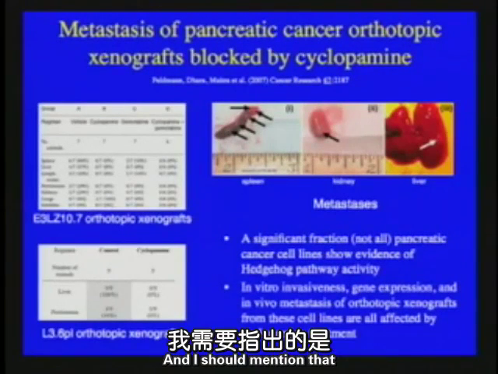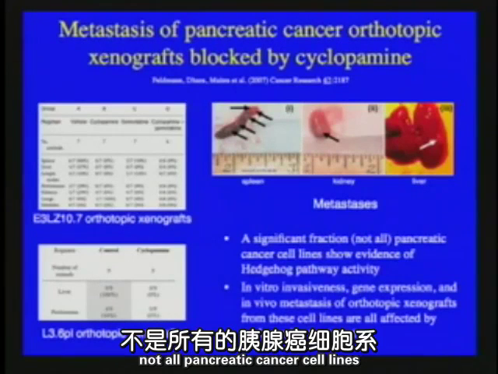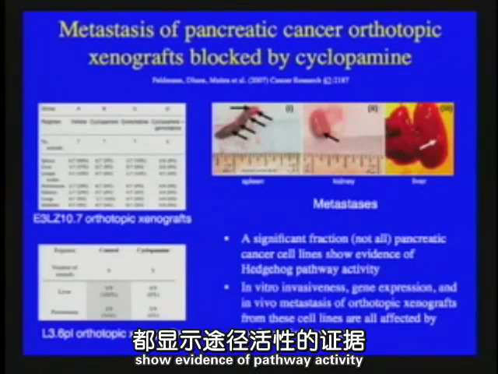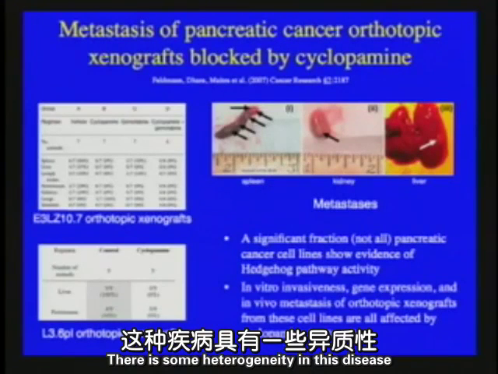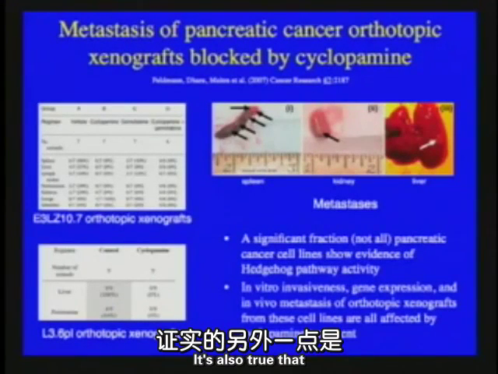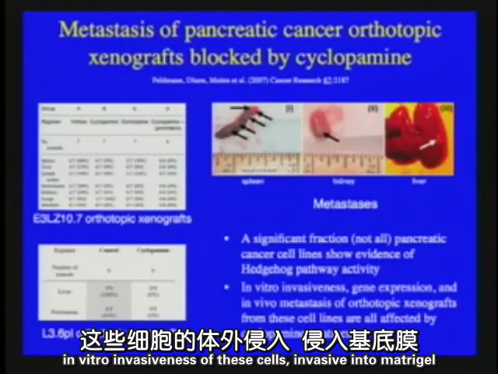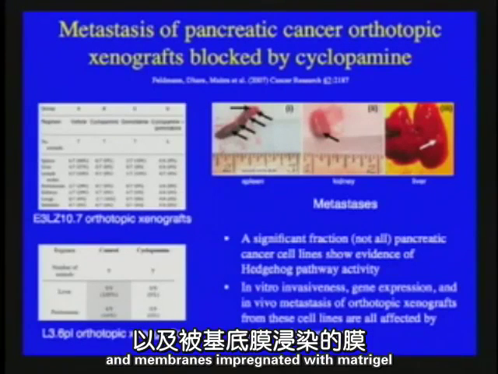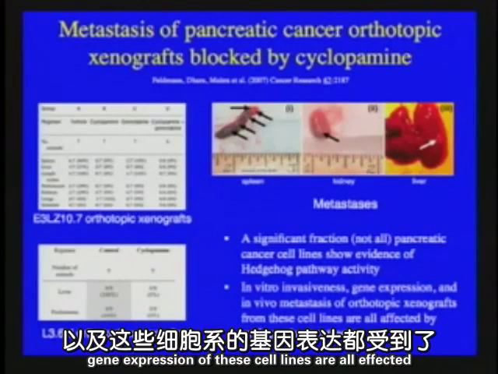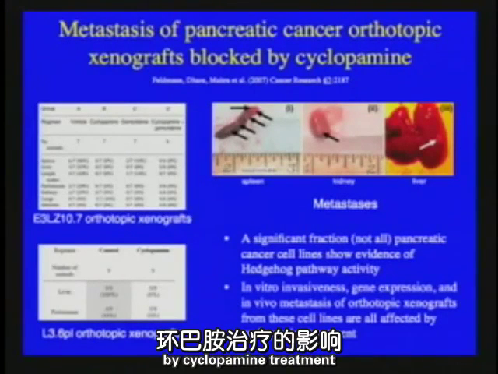And I should mention that not all pancreatic cancer cell lines show evidence of hedgehog pathway activity. There is some heterogeneity in this disease. It's also true that in vitro invasiveness of these cells, invasiveness into matrigel or membranes impregnated with matrigel, and gene expression of these cell lines are all also affected by cyclopamine treatment.